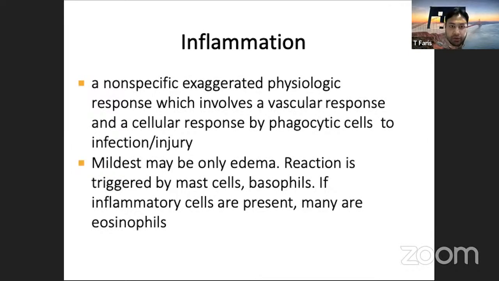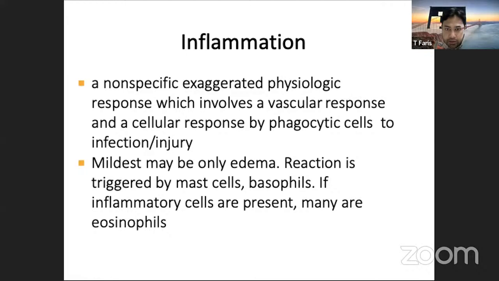A non-specific exaggerated physiologic response, which involves the vascular response and cellular response by phagocytic cells to infection and injury. So this is also one of the clinical manifestations of the immunological response.